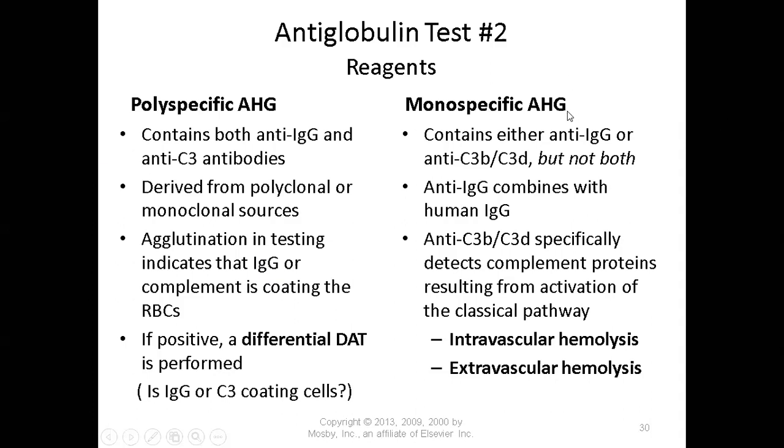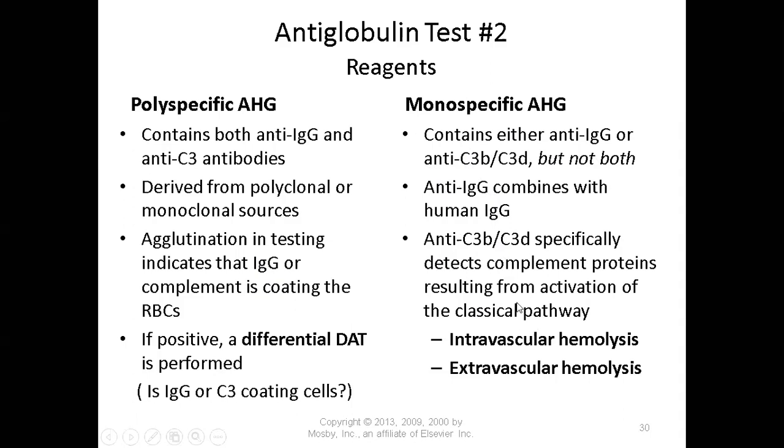Okay, so monospecific AHG is going to be anti-IgG or anti-C3, but not both together. And so anti-IgG, antibody against IgG, is going to target human IgG like we looked at in the last picture. Anti-C3 is going to specifically target C3, human complement proteins that result from activation of the classical pathway.